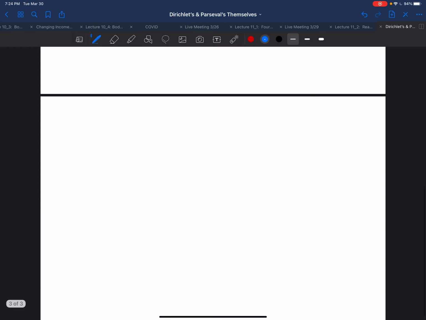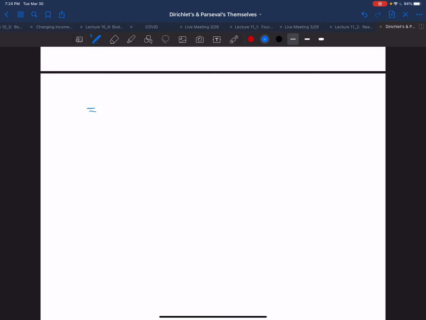Now, to see what this works out to, we need to substitute in the definition of E sub N. So it's f of t minus this partial sum.